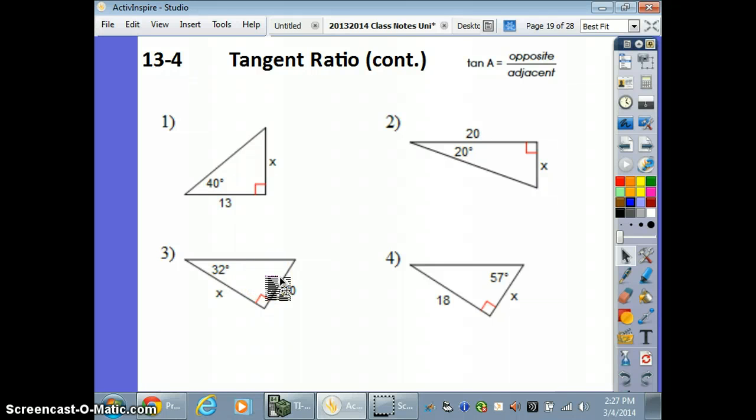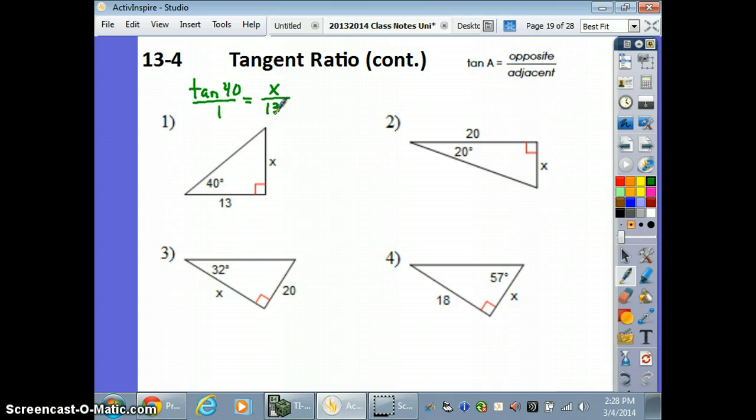I know you started this in your notebook. Tangent. The tangent of the angle is the opposite leg over the adjacent leg. Here's our reference angle, tangent of 40, so it'd be opposite x over 13. I asked you to write it in proportion form, so we'll write tangent of 40 over 1 equals x over 13.